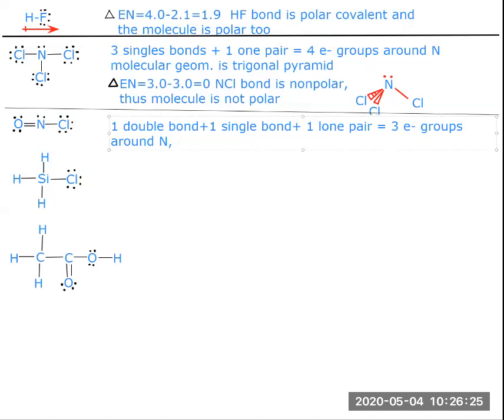But what you see, the molecular geometry, is bent because one of these electron groups is not visible, it's a lone pair. So the molecular geometry is bent, from a trigonal planar.